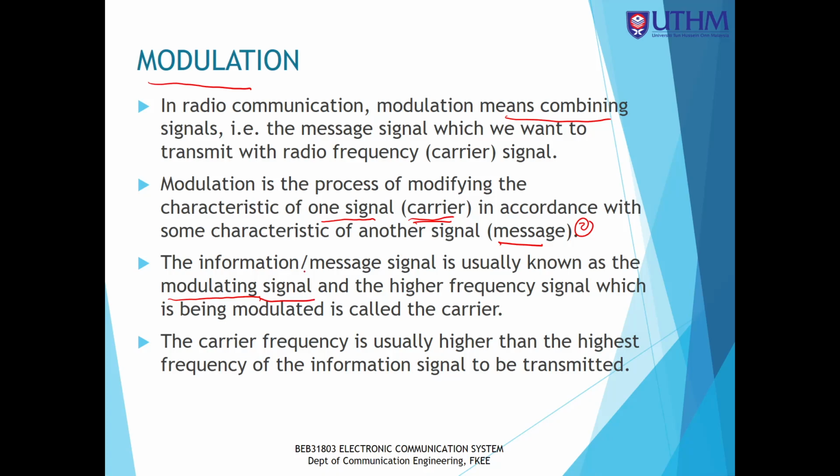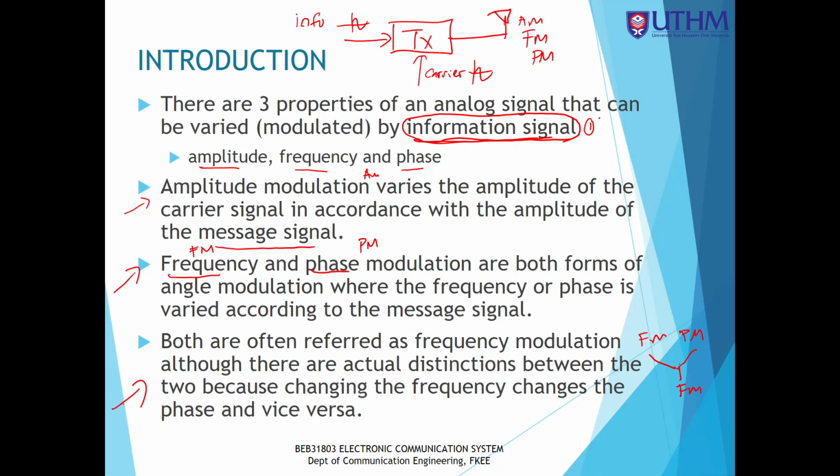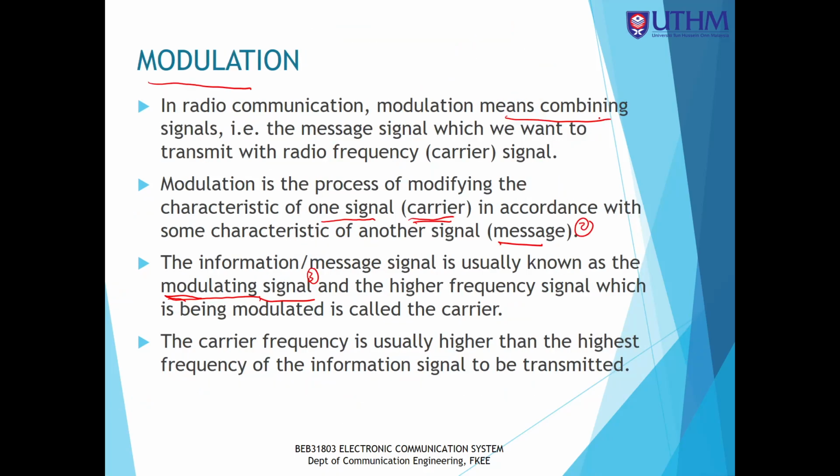Another one is the modulating signal, number 3. I just gave numbers to the different names given to the input. So the modulating signal is the input. Previously the information signal, also input. The message signal also refers to the input. And then you will see later the modulation signal, also referring to the input. So don't be confused by that.